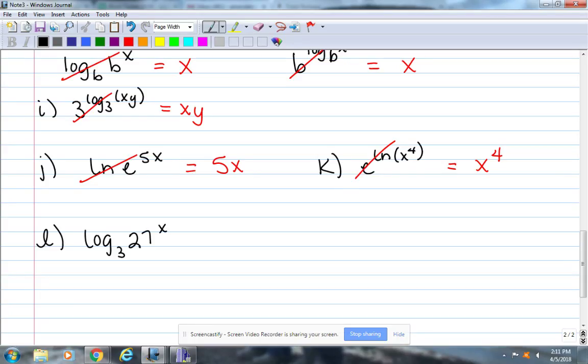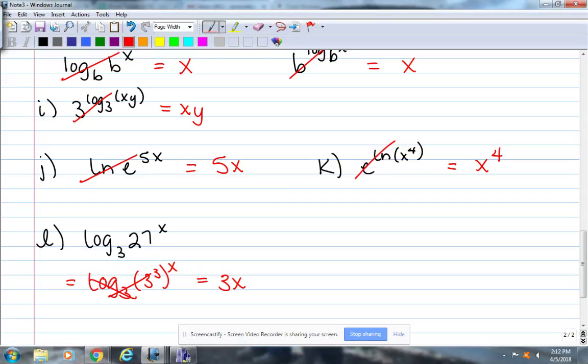So I can rewrite 27 as 3 to the third power. So this is the same thing. Log base 3 of 3 to the third power to the x power. So all I did was change 27 to 3 to the third power. And so what does that log base 3 of 3 do? Cancel out. So that cancels out the base, the two bases, and the word log. So the x is not 3 to the x, because remember, if you take a power of a power, you multiply them, so that equals 3x. Does that make sense?